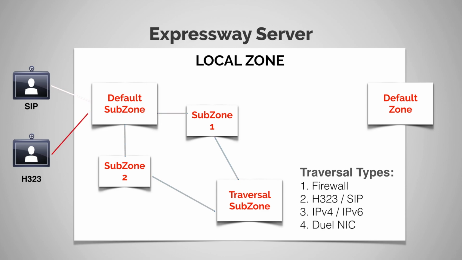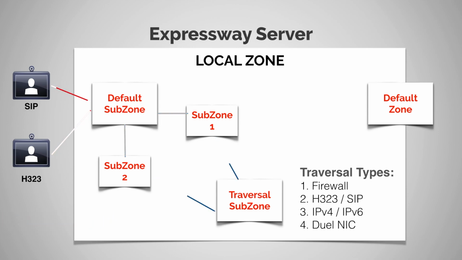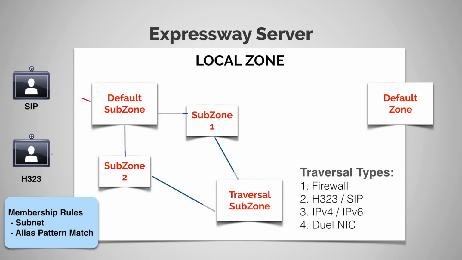So if you recall from a previous video when we talked about authentication, we briefly mentioned something called membership rules. Remember that when the expressway checks the membership rules, it's not checking if an endpoint is allowed to register, it's only checking where the endpoint is allowed to register. I'll demonstrate this in just a minute, but you can create membership rules using a subnet, or you can use an alias pattern match, similar to what we did before with authentication.